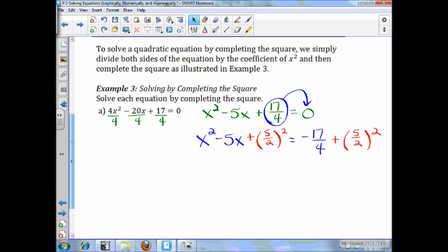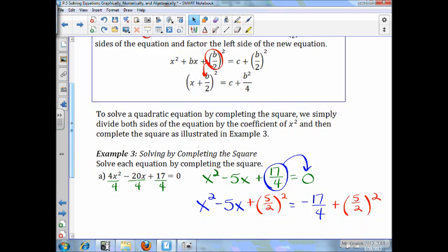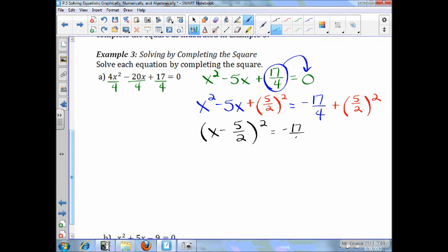Now when we do this, remember the number that we take half of, that's going to come right down into the factoring part. So I'll end up with x minus 5 halves squared. And that's going to equal negative 17 over 4 plus 25 over 4. Well, negative 17 over 4 plus 25 over 4 is really 8 over 4, which is 2.